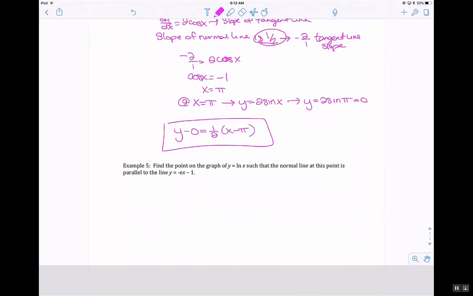Example 5, find the point on the graph such that the normal line at this point is parallel to this line. So, my derivative is 1 over x.